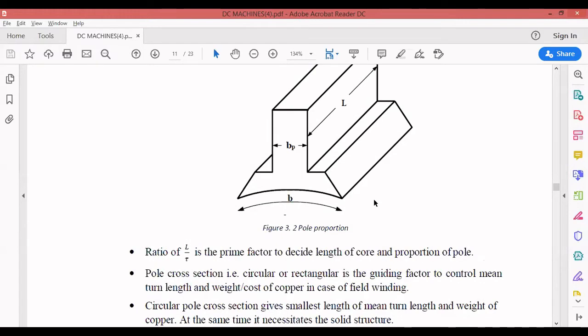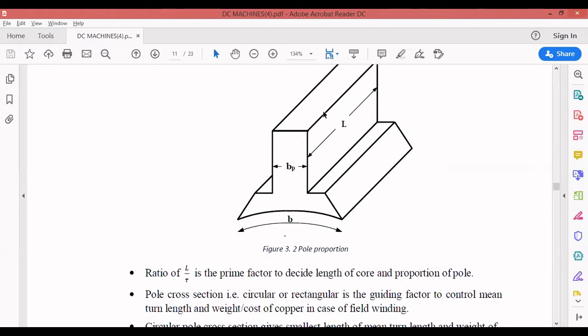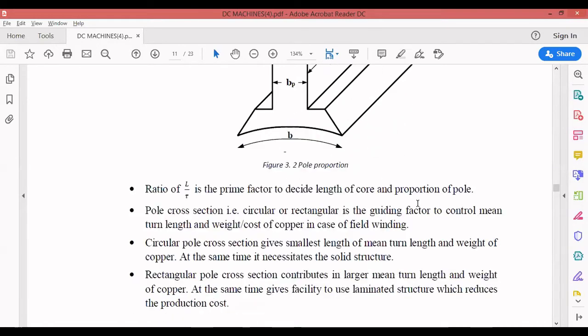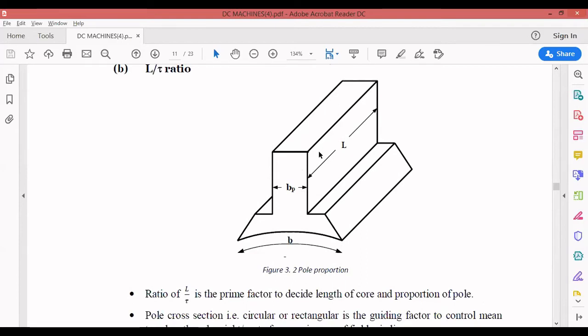With respect to the field, I can go for a circular pole or a rectangular pole. You have to do the winding on the pole, that is your field winding. If you go for a circular pole, definitely the length of mean turn of the winding will be less.